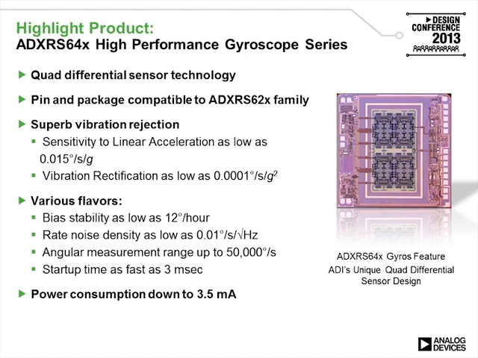The structure makes these gyroscopes very good at rejecting vibration. So the response to both linear acceleration and vibration rectification are excellent compared to other gyroscopes on the market. This family of gyros is pin and package compatible to the previous generation, the ADXRS62X family. And there are a couple of different flavors of this gyroscope to hopefully suit all of your needs.